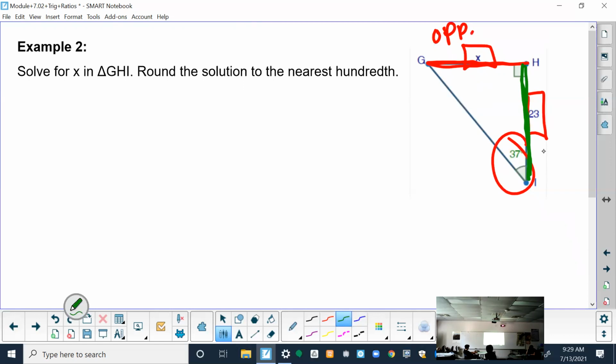Should be no, right? Because the hypotenuse is always across from the 90-degree angle. It doesn't touch the 90-degree angle. So that would mean that this side has to be my adjacent side. Make sense? So since I have opposite and adjacent, the trig function that I'm using is tangent, because that's the one that has opposite and adjacent. Make sense?